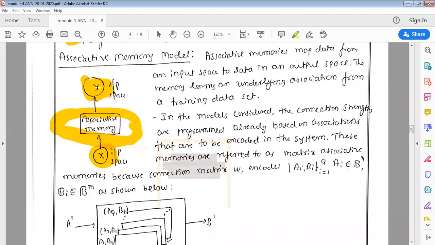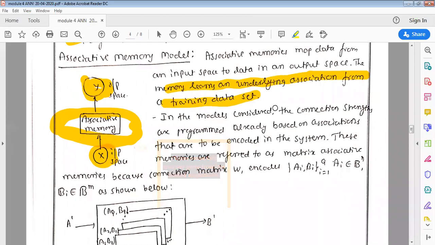The basic purpose of associative memory is only mapping. Whether you map 1 to 1, 1 to many, or many to 1 is up to the network designer. But the basic problem in associative memory is how you map a vector from the input space to a vector from the output space. The memory learns the underlying association from the training data set.